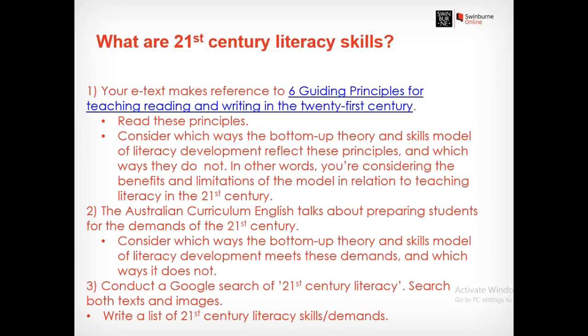The point I've suggested here is to search both texts and images, and the reason I suggest images is you'll find lots of graphics which provide excellent summaries of the different sorts of 21st century literacy skills, and it's probably a bit of a time saver initially where you don't have to read through pages of text, and it's a simpler way to understand and springboard your research.